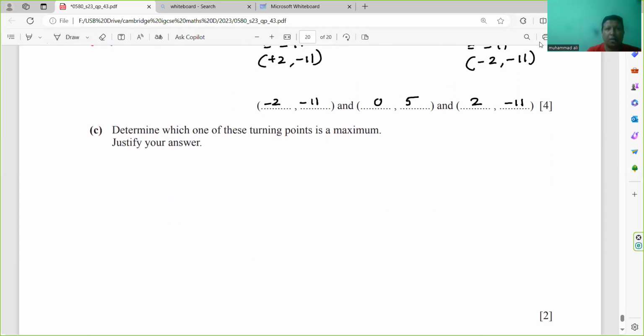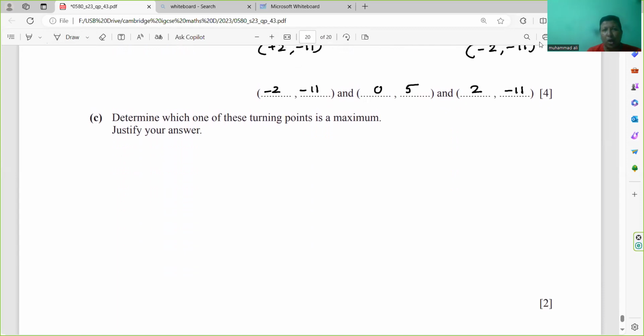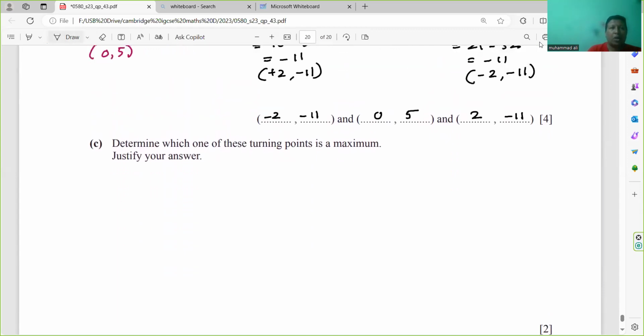Now part C, determine which one of these turning points is maximum, and justify your answer. So one thing we have to remember, when you want to justify, we have to double differentiate. We have to differentiate dy by dx again. That means you have to find d squared y by dx squared.